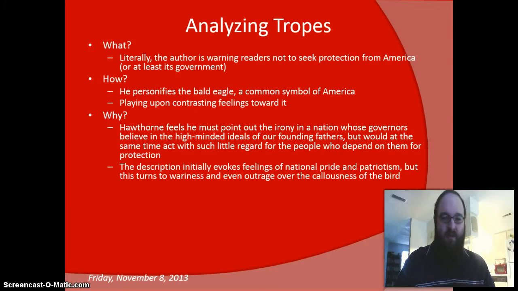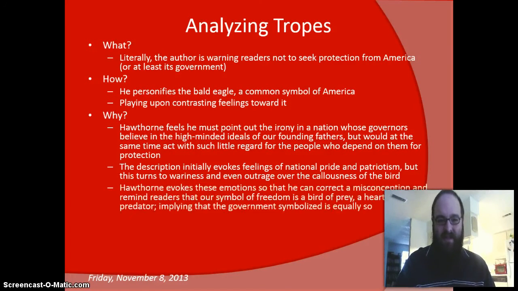The initial description of the eagle evokes our feelings of national pride and patriotism, but this quickly turns to wariness and even outrage over the callousness of the bird, as he describes how it can quickly change its mood, so to speak, to fling its own nestlings out of its nest, how callous and heartless it is. Hawthorne evokes these contradicting emotions of national pride versus feelings of outrage at callousness.